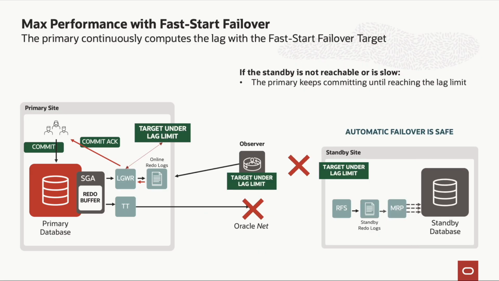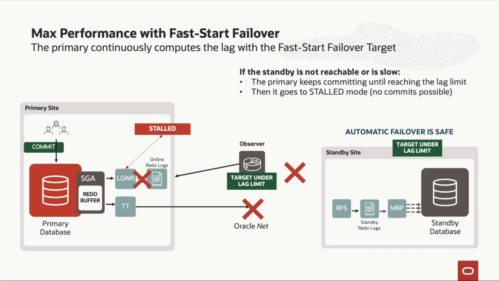Now in maximum performance mode with Fast Start Failover, the primary continuously computes the lag with the Fast Start Failover target. If the standby is not reachable or is slow, the primary keeps committing until reaching the lag limit that has been defined. After reaching the lag limit, it then goes into a stalled mode, so no more commits are possible.